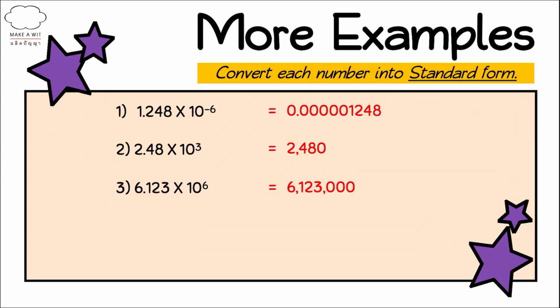See? Next, number 4. What about this? 6.123 times 10 to the power of negative 5. Now, negative powers. What happened? It will get big or small? Small number. Very good. So you kick the decimal point to the left. This one will be 0 before number 6, right? How many 0? 4.